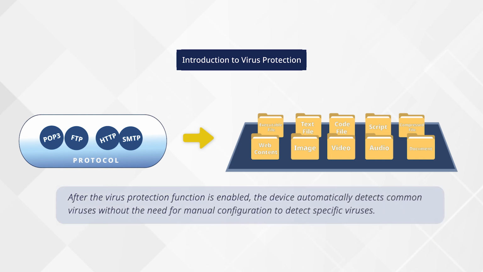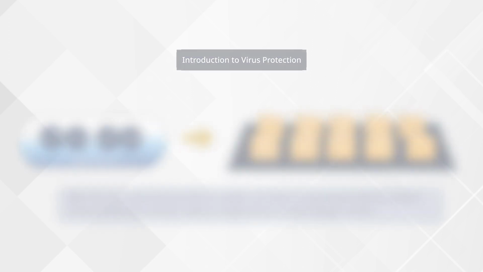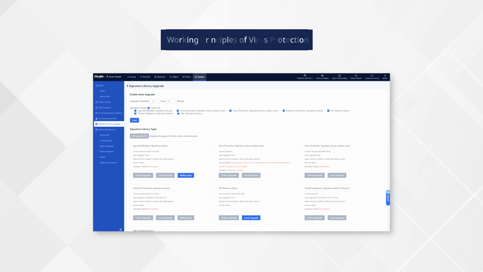After the virus protection function is enabled, the device automatically detects common viruses without the need for manual configuration to detect specific viruses. Now, let's delve into the working principles of virus protection.